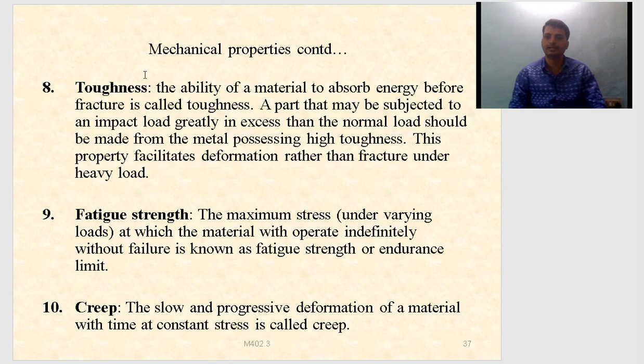Glass will immediately break, but there is a time between the load and the fracture, called toughness. And fatigue: the maximum stress under a varying load that a material can bear without fracture is called fatigue strength.